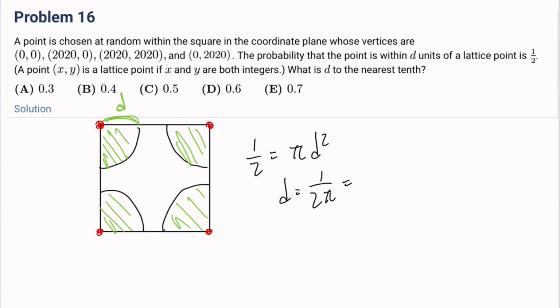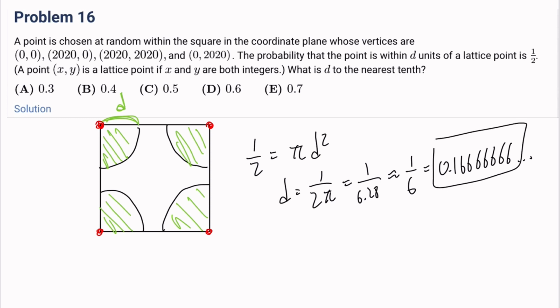And then this is going to be 1 over 6.28, because pi is about 3.14. This is similar to 1 over 6, which is basically 0.1666666, something like that. And we know that 0.16 is equal to 0.4 squared. Sorry, this should be d squared.